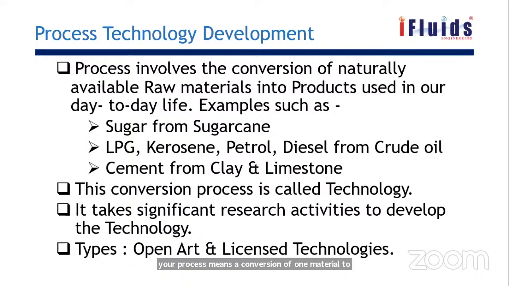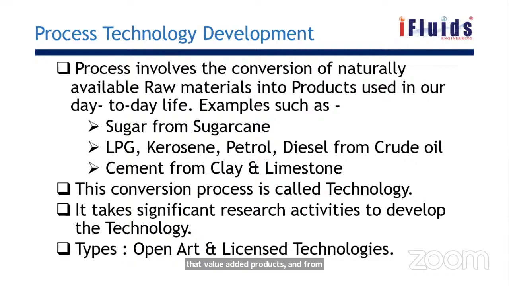In industry, we call it a process. Literally it may mean something similar, but in industry we call it sugar from sugarcane, value-added products from crude oil, and cement from limestone and clay.